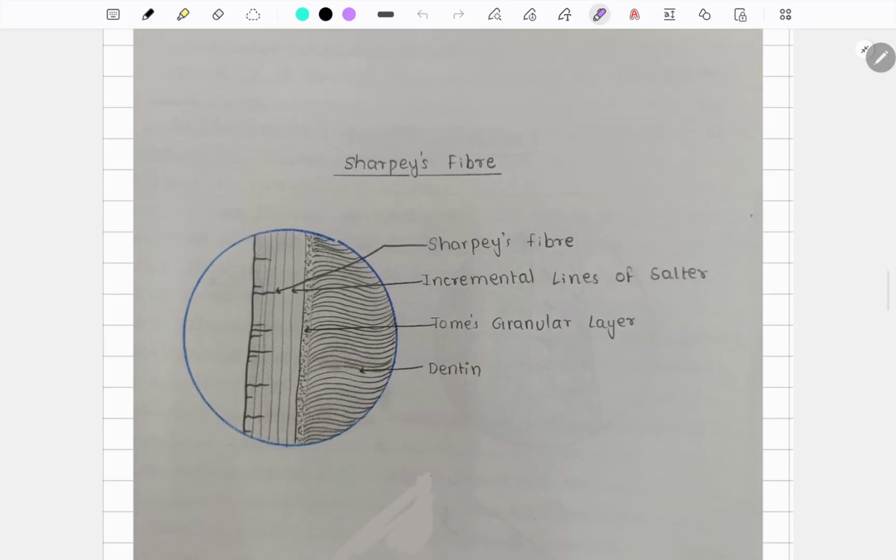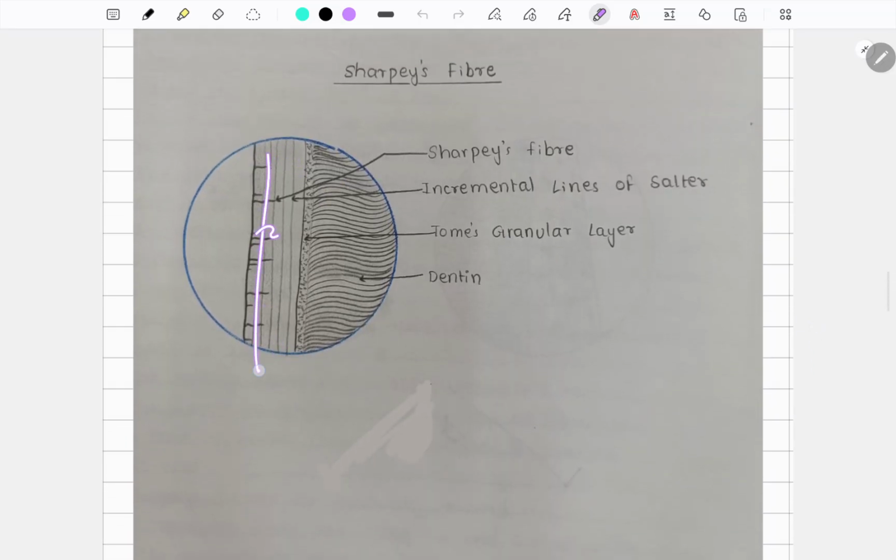Moving on to next, Sharpey's fibers. These Sharpey's fibers are actually the terminal ends of the periodontal ligament which is present beside that, which helps in attachment of cementum and alveolar bone. These terminal ends of the periodontal ligament fibers are known as Sharpey's fibers when entered into the cementum.